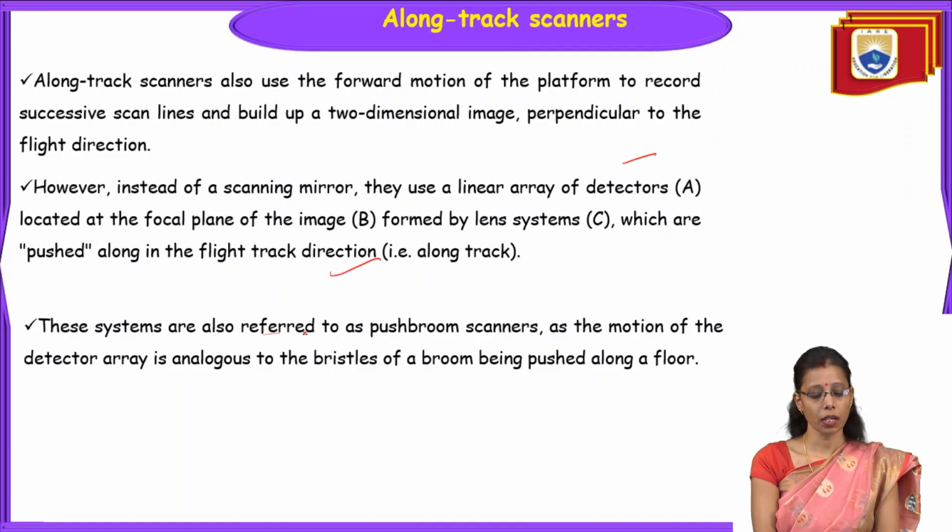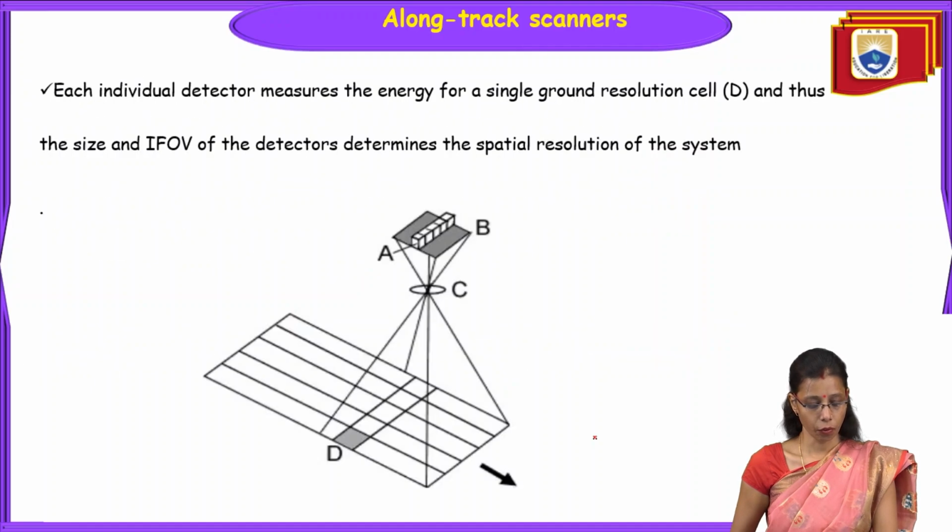These systems are also referred to as push broom scanners, as the motion of the detector array is analogous to the bristles of a broom being pushed along a floor.